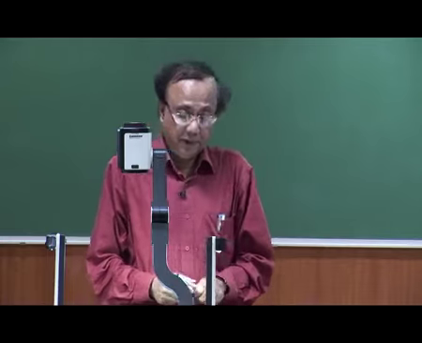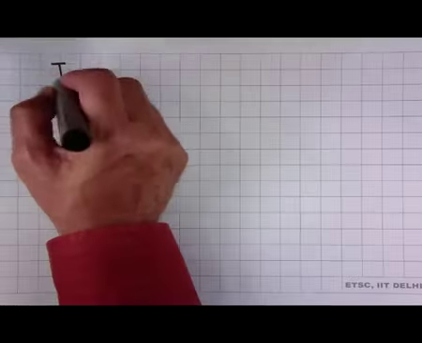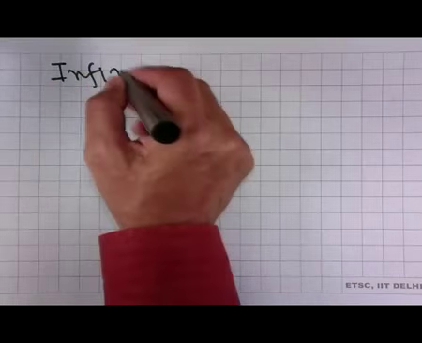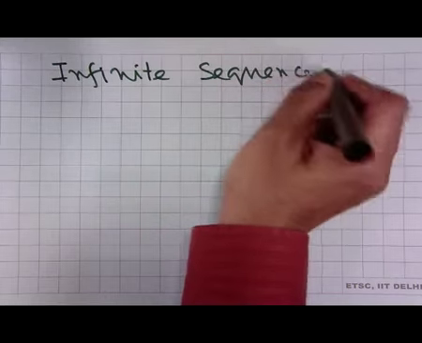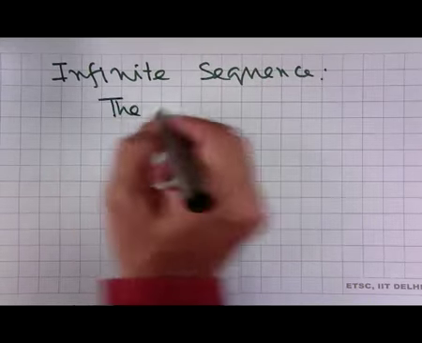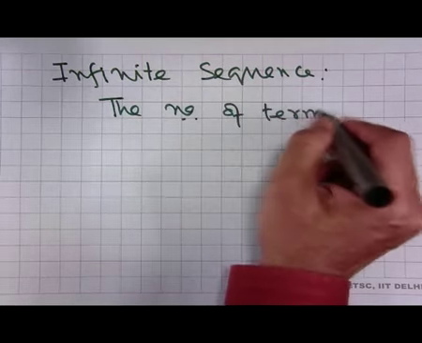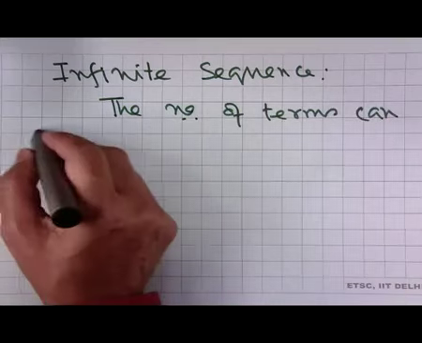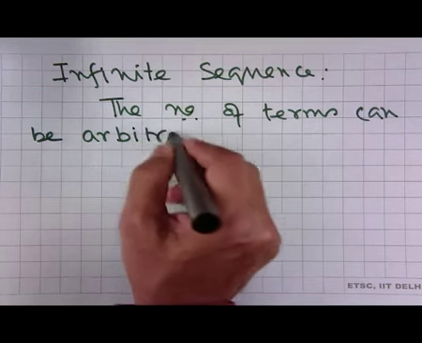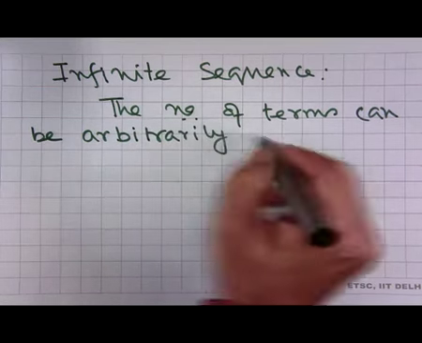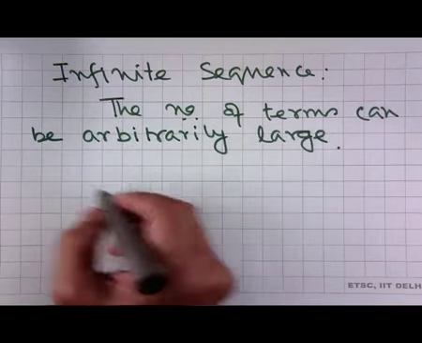But when it comes to infinite series, infinite sequence, that means the number of terms can be arbitrarily large. What does it mean?